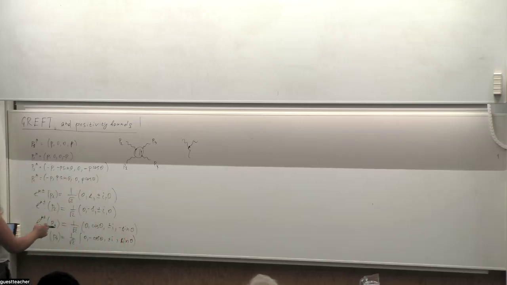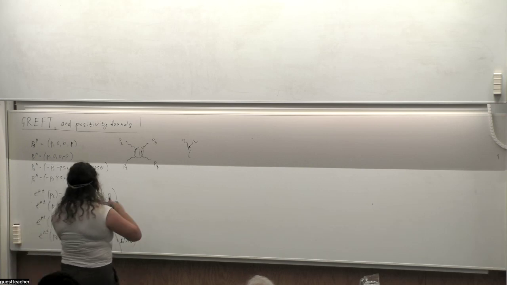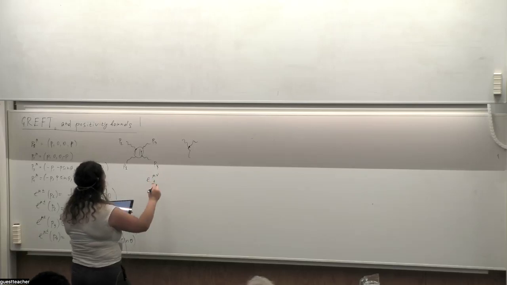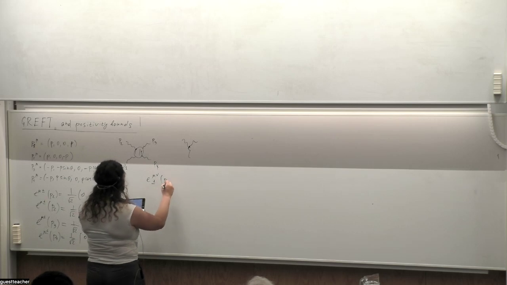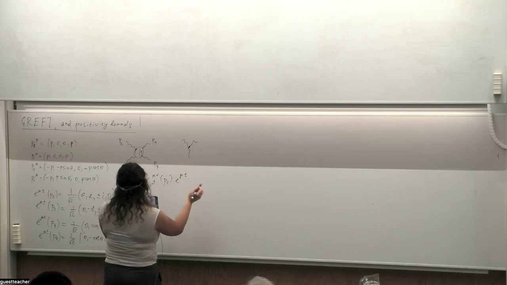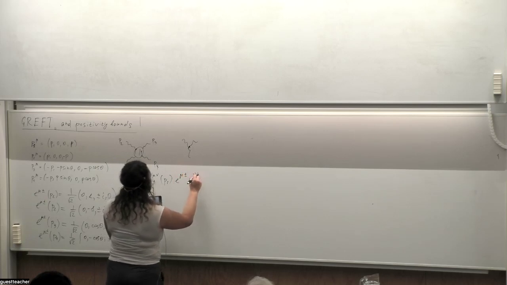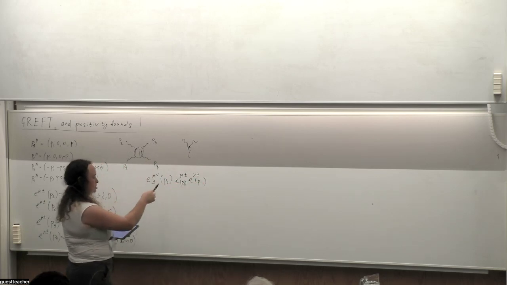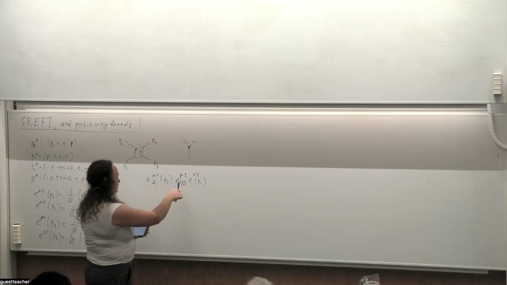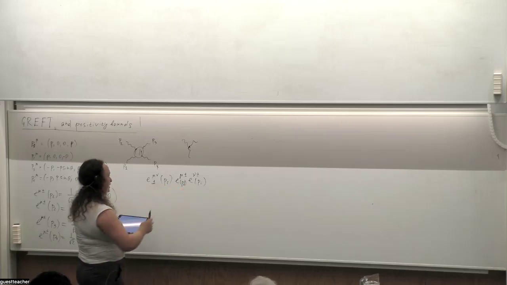So that's the explicit form of 4 polarization vectors, and the graviton polarization tensor, which has 2 indices, is just the direct tensor product of these 2 vectors. And there is no sum with respect to plus minus. If we want a positive helicity tensor, we just take E plus multiplied by E plus.